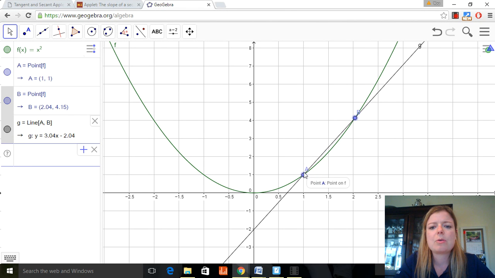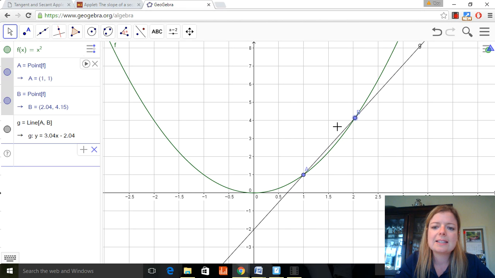Okay, so the slope of this secant is the average rate of change between these 2 points A and B. So this 3.04 means that on average, when going from A to B, the y values increase by 3.04 units for every 1 unit of x that you go over. So on average, every time you go over 1, you're going up 3.04. Okay, and that's again on average between A and B.